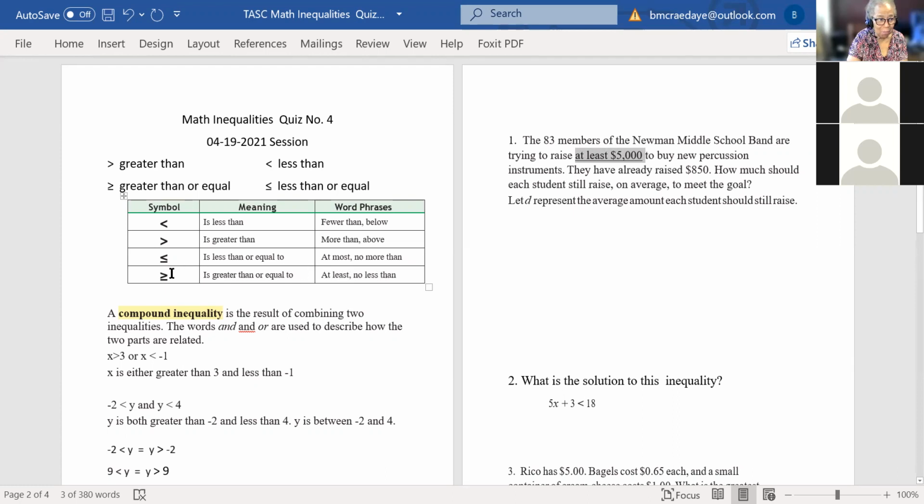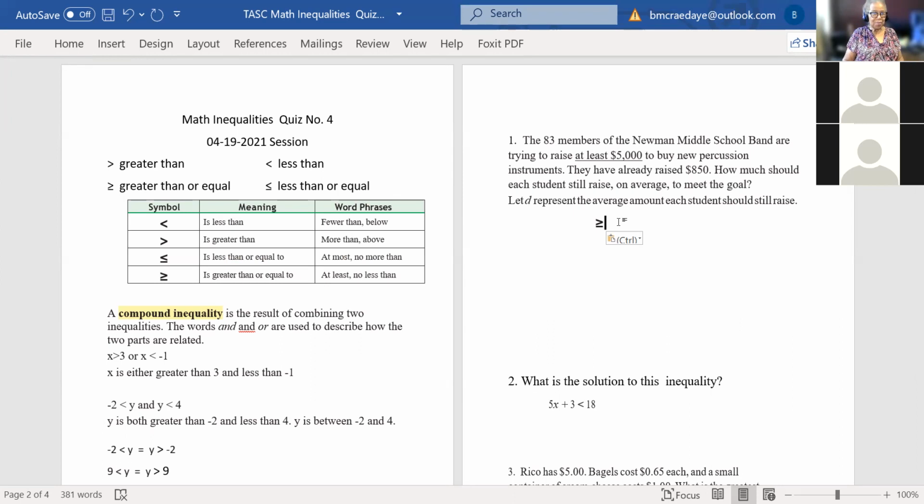More than or equal to, right? That's right. Greater than or equal to. So right away, you know your symbol is greater than or equal to. So let me put the symbol here. It's the inequality symbol. Now you figure out what goes on the left, what goes on the right.